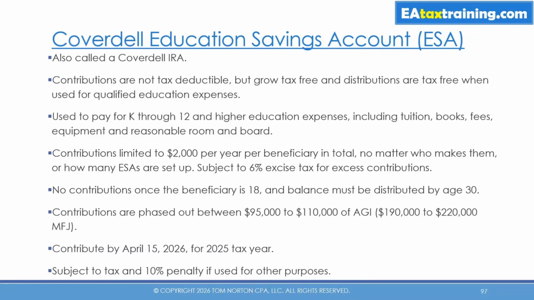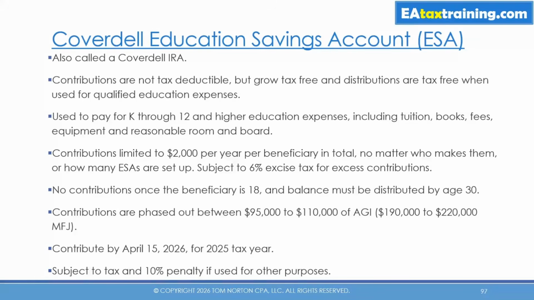Contributions are phased out for the givers with AGI over certain levels. So if you've got over $110,000 of AGI, you cannot make any contributions. Under $95,000 of AGI, you can give the full $2,000, and then it is phased out between $95,000 and $110,000 of AGI.